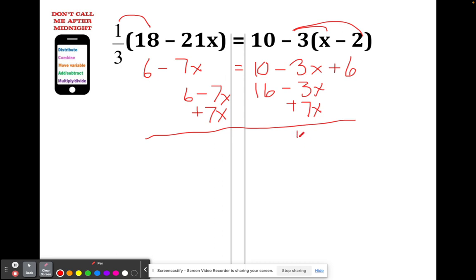So I end up with 4x. That's a positive 4x. And 16 on this side. This cancels out, and I'm left with 6 on this side. Subtract 16 from both sides.